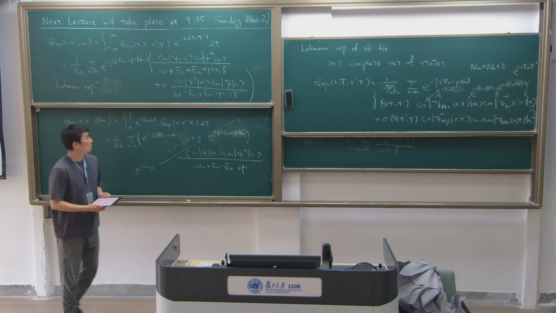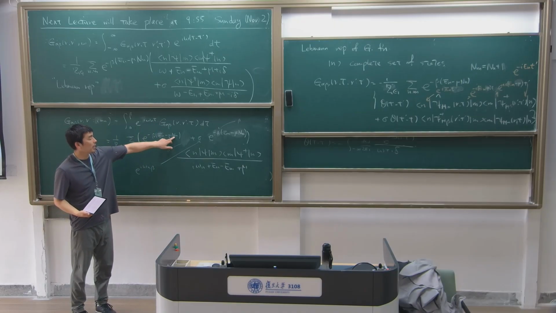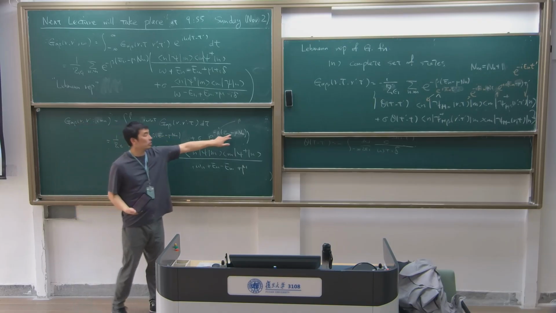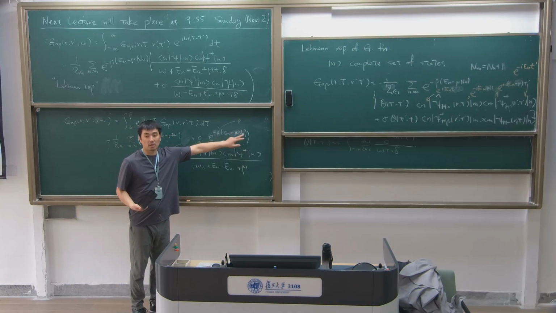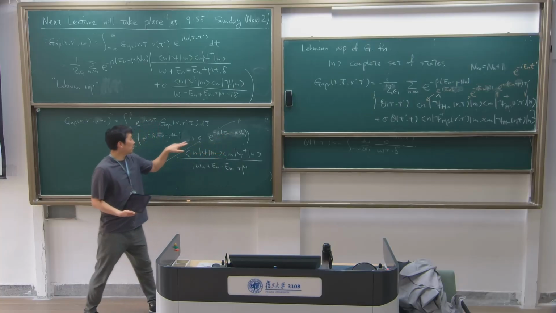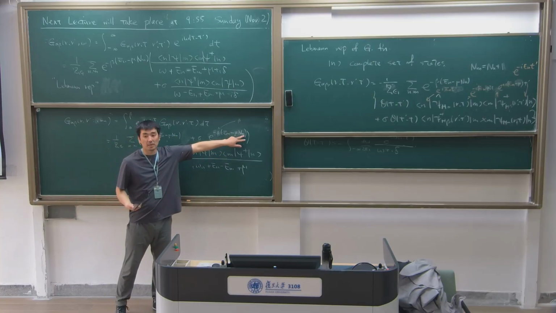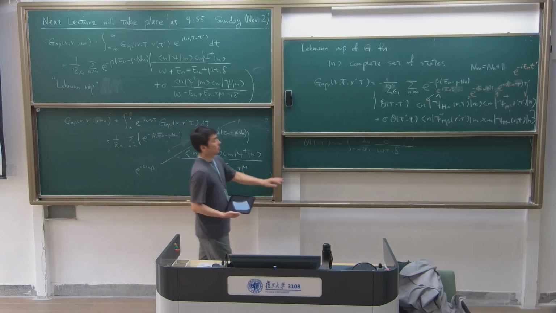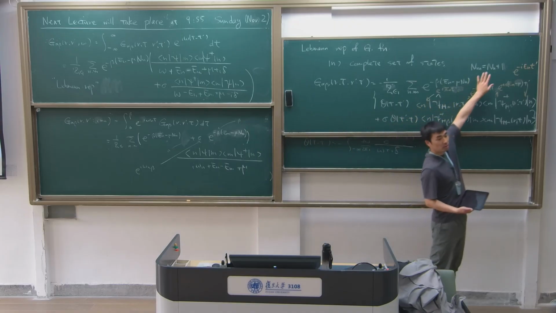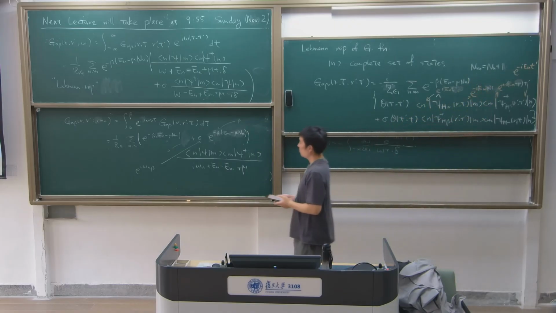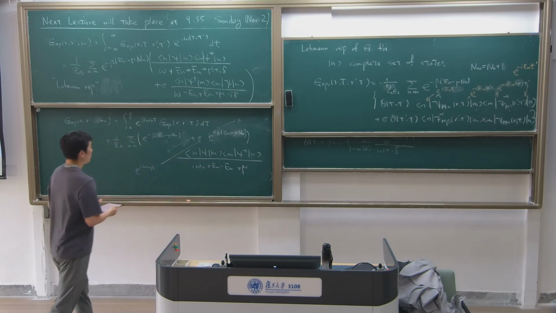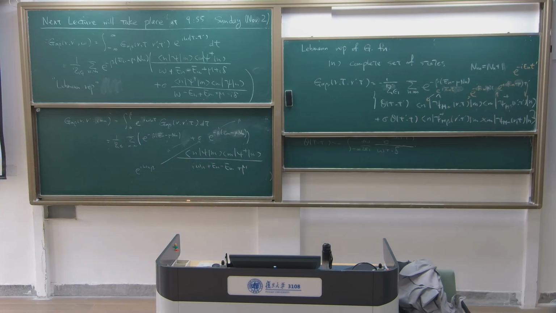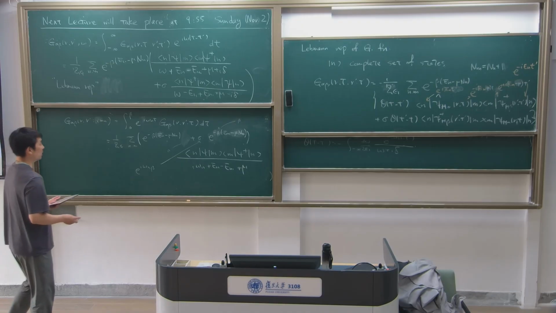Here, if you multiply n, minus mu N n is equal to minus mu N n. So the subscript will change from n to m, because of this relation. Fine. So this is the finite temperature case for the Green function, the Lehmann representation of the Green function.